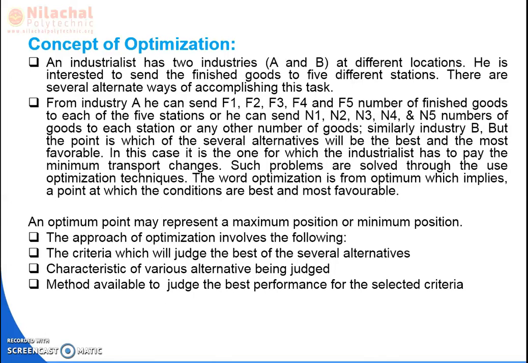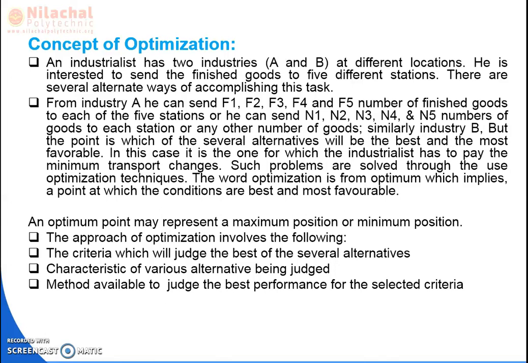There are several alternatives, but he has to choose the way that will be profitable for the organization. He has to reduce the transport cost. He has to find the shortest route.